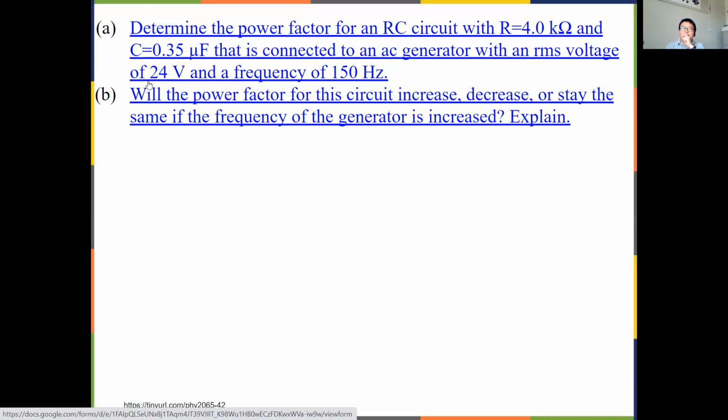It doesn't seem like you need the RMS voltage here. You can give that a try. Part B asks whether the power factor for this circuit will increase, decrease, or stay the same if the frequency is increased. You can also address that. I'll give you a couple of minutes to work on this, and then we can look at it together.